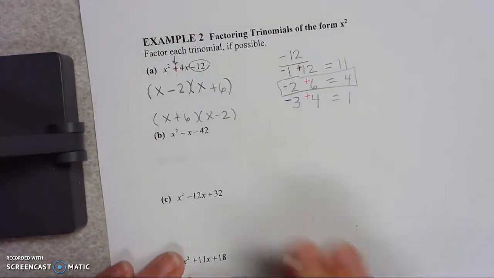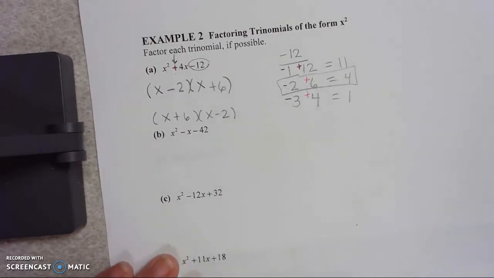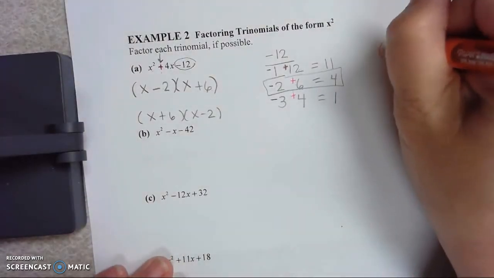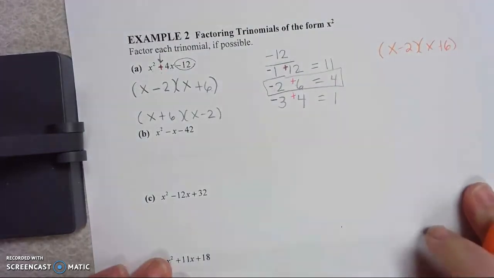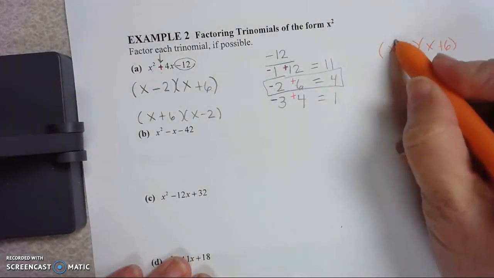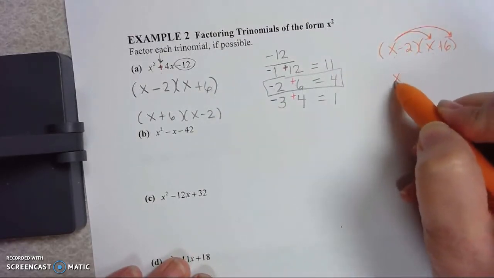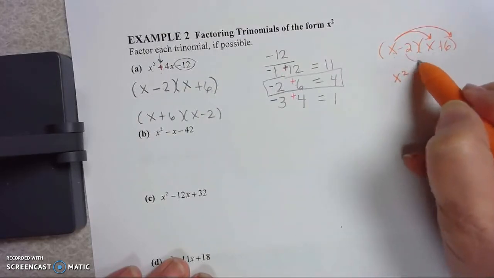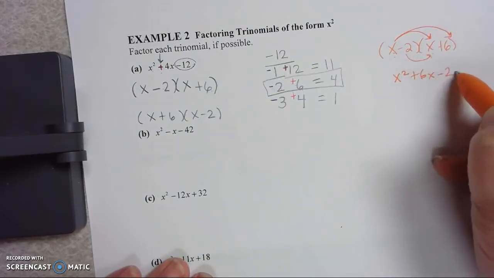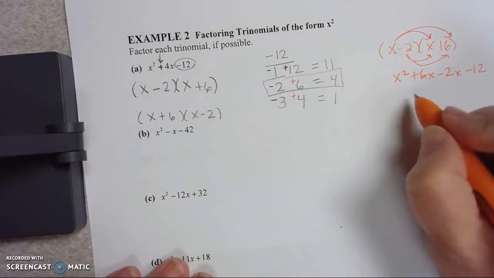Alright, now with factoring you can check your answer and verify that you have factored correctly by multiplying it back out. So if I come over here and I say x minus 2 times x plus 6 and I multiply it, I'll get x times x is x squared, x times 6 is 6x, negative 2 times x is negative 2x, and negative 2 times 6 is negative 12.